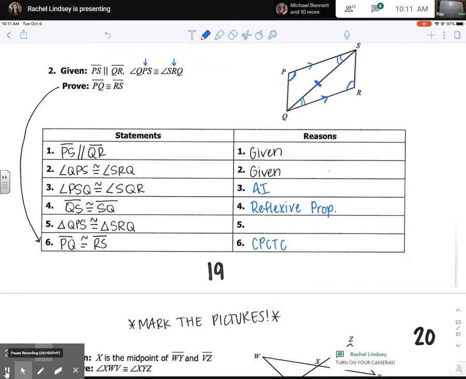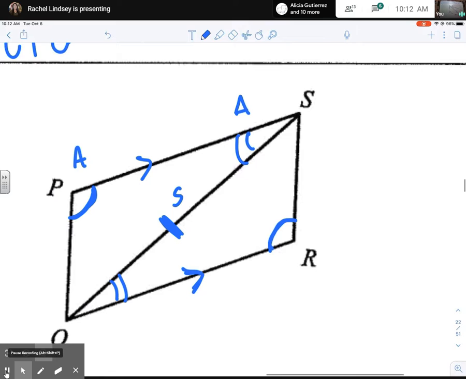Okay, so now how can I prove those two triangles are congruent? I have two angles and a side. Angle, side, angle. Angle, angle, side. How do you do that? I just look, I know I have two angles, right? So either the S is between them or it's not. If the S is between them, it's always going to be this line right here.